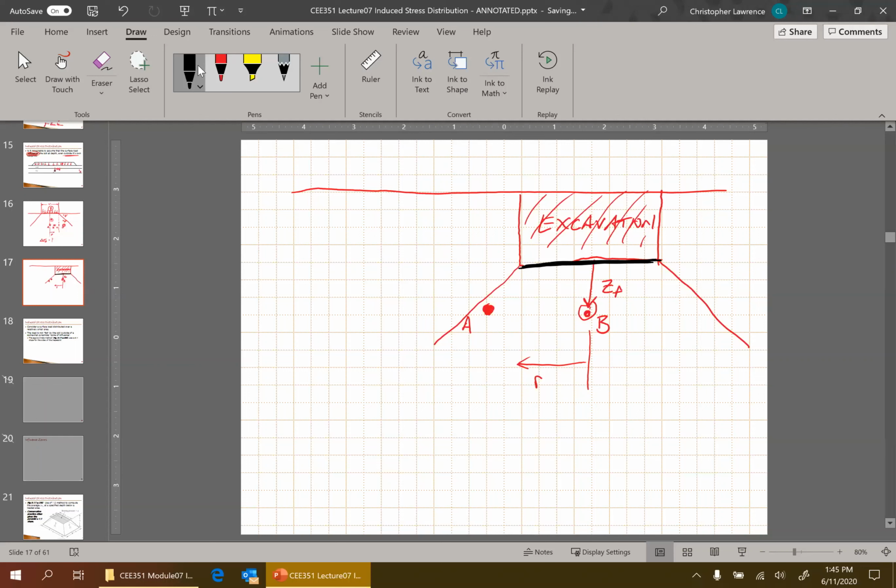Does that negative Q applied on this plane right here have some influence below it? We all agreed the other day that, yes, we all felt like the stress at point B would go down. Originally, it was some geostatic total stress, but because of the excavation, the stress has been reduced.